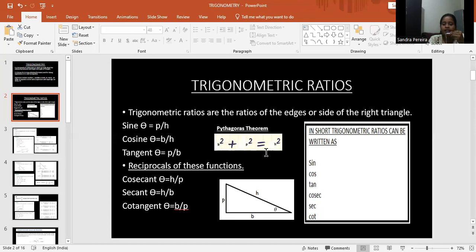This is our Pythagoras theorem. We will use this theorem in solving some of the given questions.